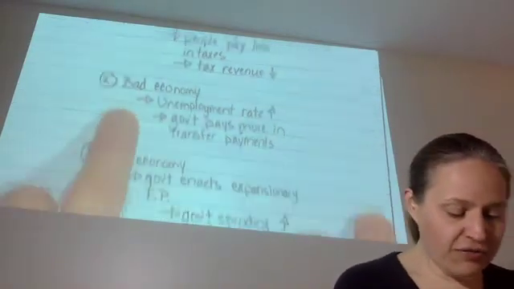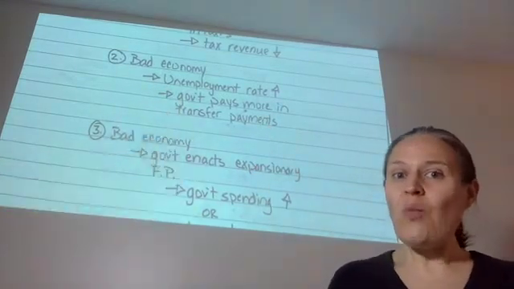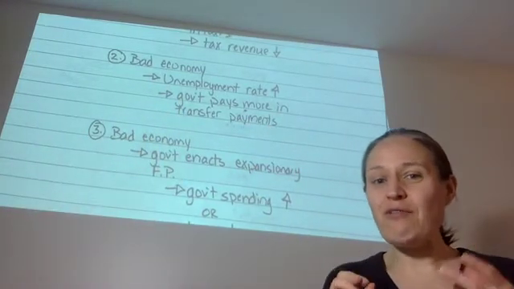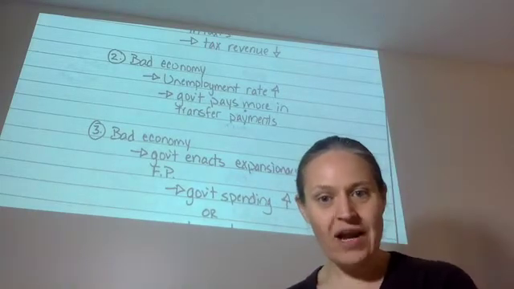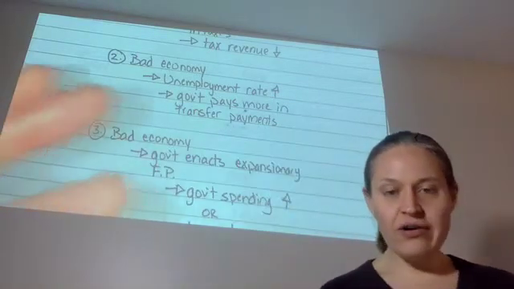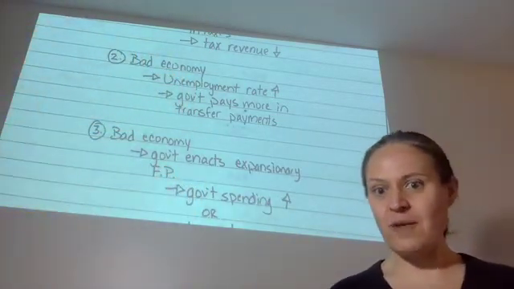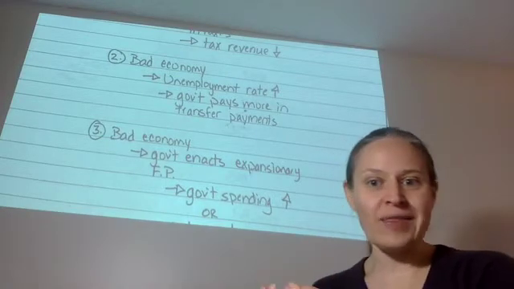All right, so another thing, if the economy is bad, the unemployment rate goes up. Well, when the unemployment rate goes up, that means that the government pays more in transfer payments. They're going to pay more in unemployment insurance. They're going to pay more in other types of transfer payments, because a lot of people, if they lose their jobs, then they're going to end up on food stamps.